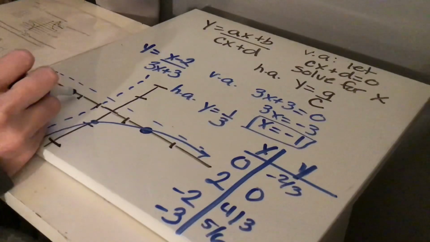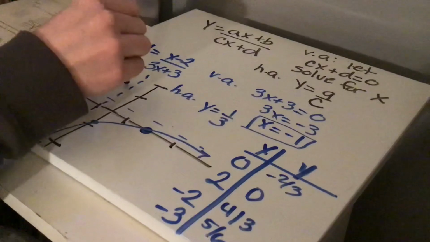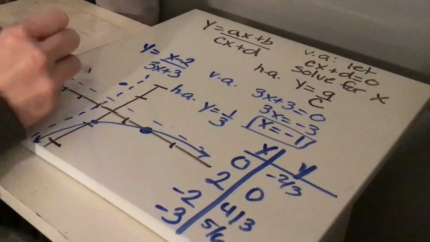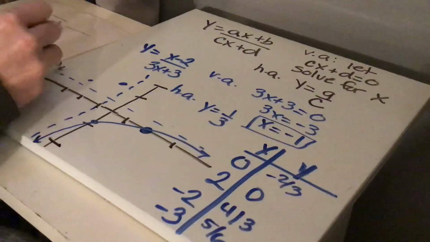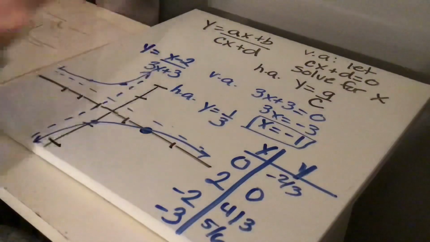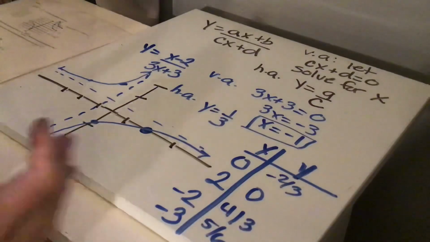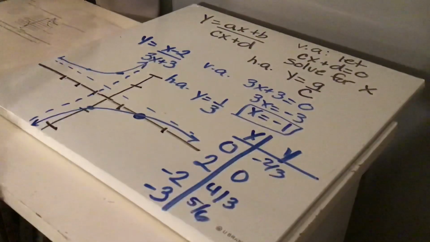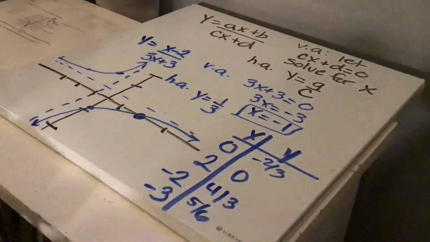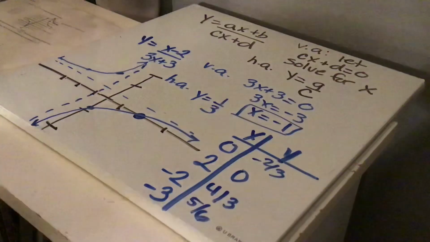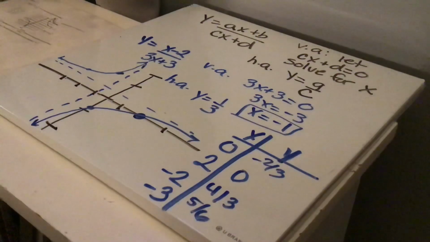Negative 2, 4/3, that's a little over 1. So we're about here. And negative 3, 5/6, that's less than 1. So the other branch would be in that quadrant. And that's graphing our simple rational functions. Okay, find your asymptotes, make a table, plot your points. And we know it's a hyperbola when we graph them.